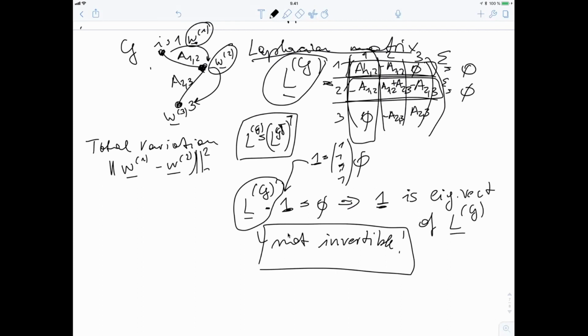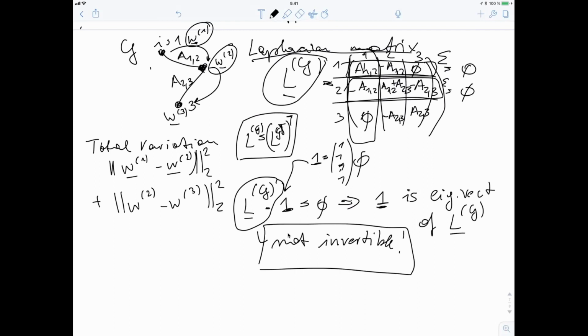And we measure the variation using the squared Euclidean norm. And the total variation is the sum over all edges. So in this case, we have only 2 edges. So the total variation is the squared norm of W1 minus W2 plus the squared norm of W2 minus W3.